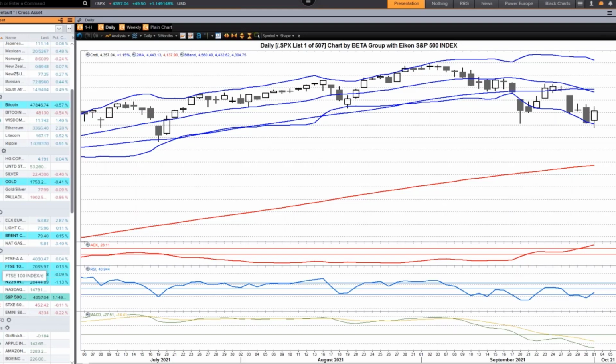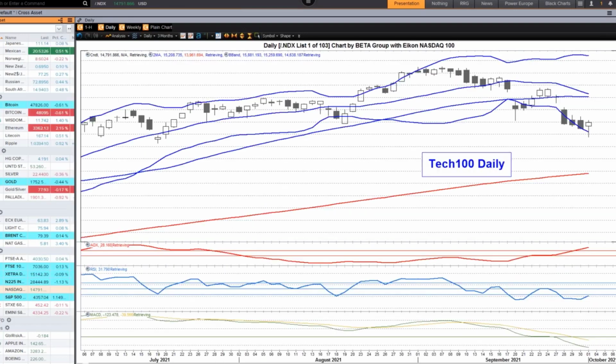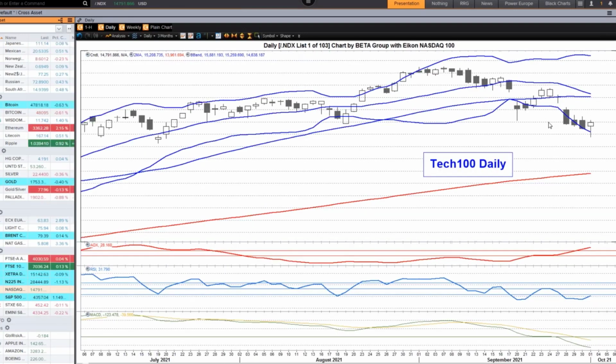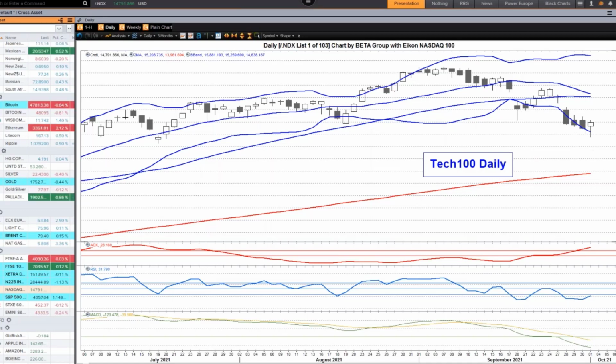In the Tech 100, we've got the same pattern here. It's broken the equivalent low, which the US 500 had not done, at 14,821. It is also testing this low here, the July low.